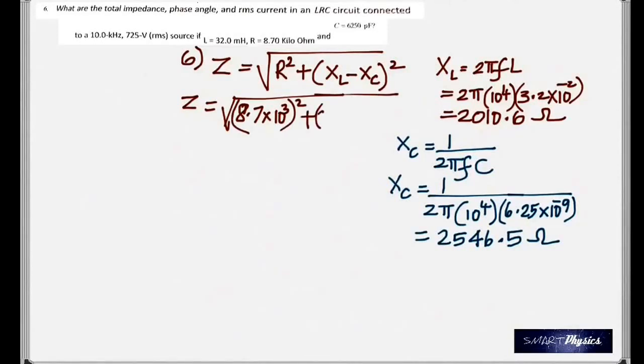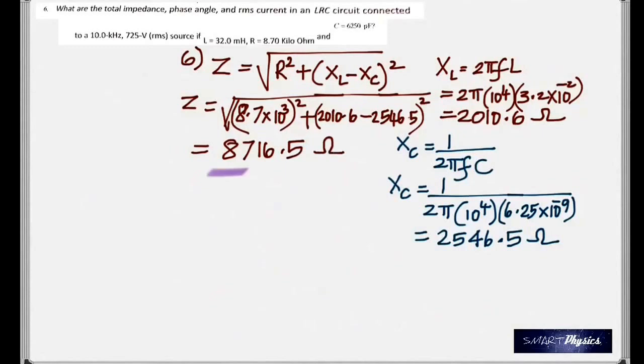Resistance squared, resistance is in kilo ohms. You know that the negative there does not matter because when you square it, it's going to become positive. And I get 8,716.5 ohm.